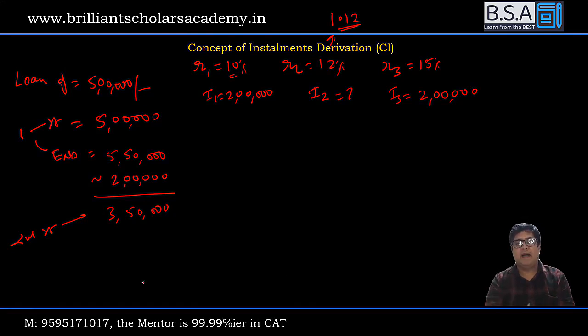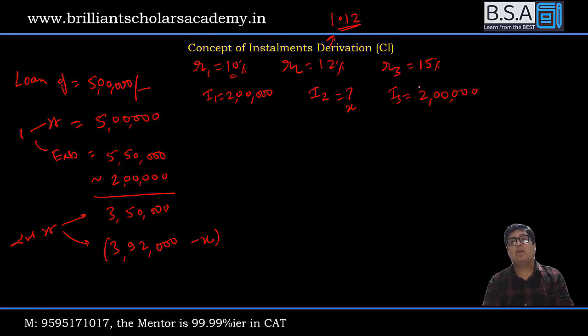So by the end of this time, it becomes 3,92,000. Now somebody makes a payment of X. So the balance becomes this. Now we go for 1 year's growth. 1 year's growth is 1.15. Where have we reached now?